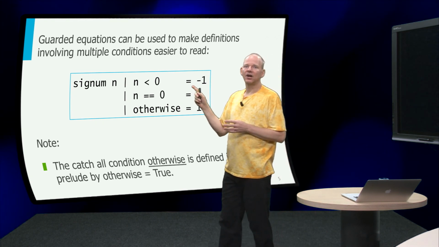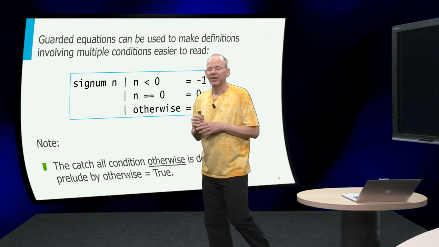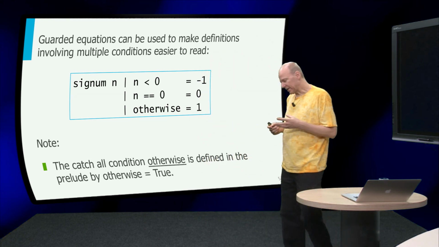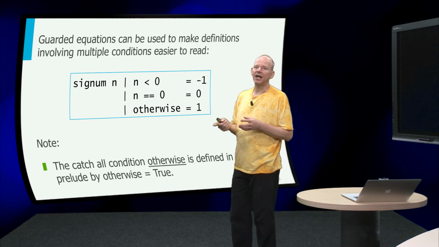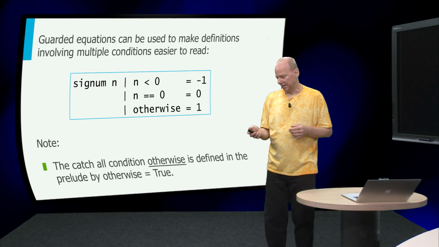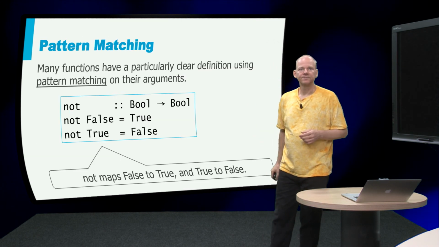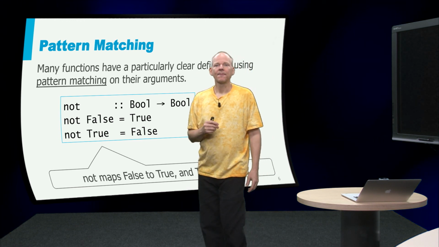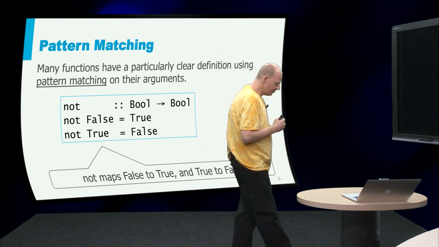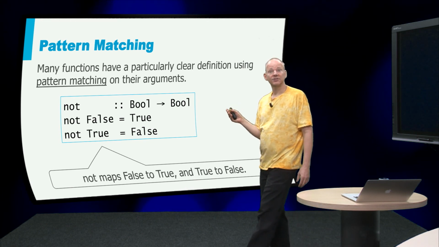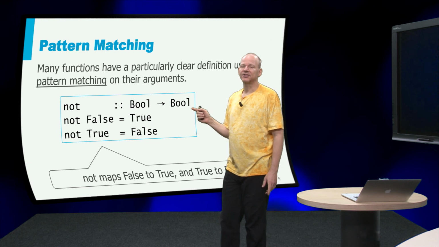And these guarded equations are very idiomatic Haskell. So typically you don't write if then else, you write these guarded equations. Another thing that is very heavily used in Haskell and that few contemporary languages have is pattern matching.